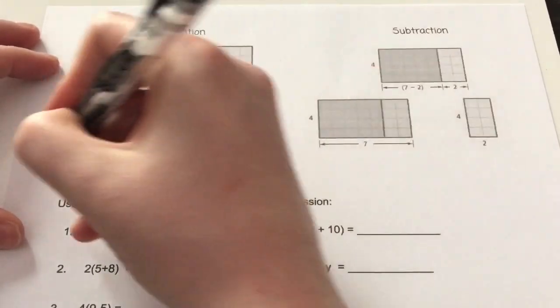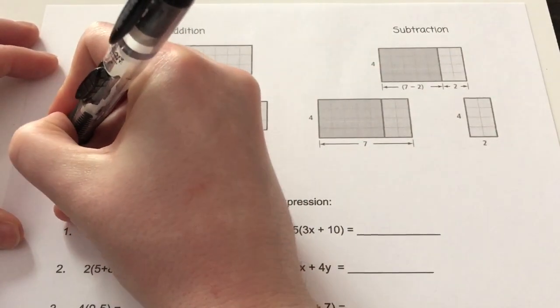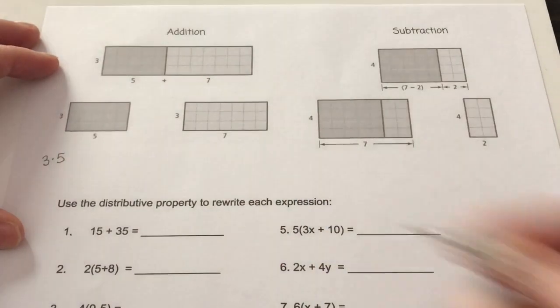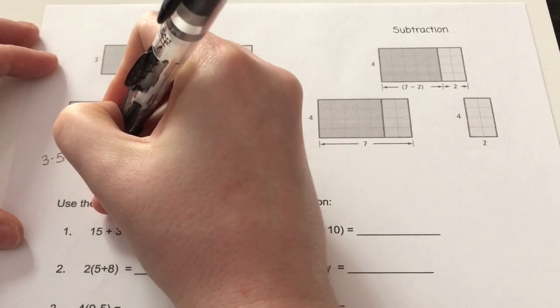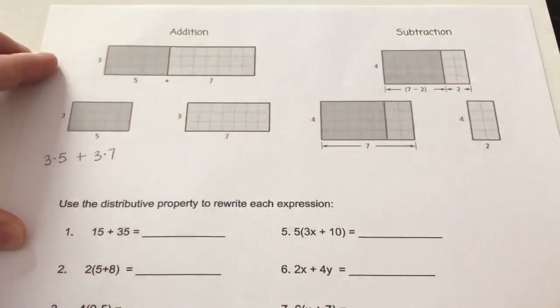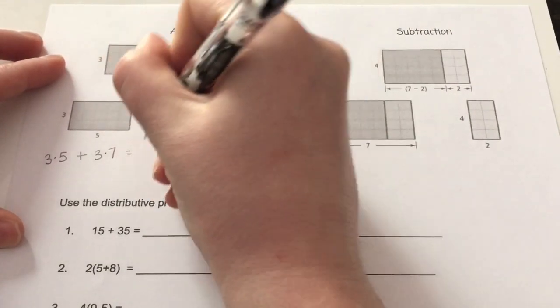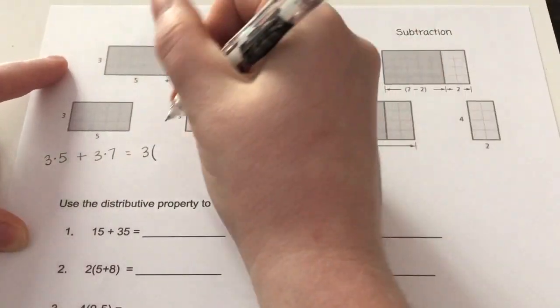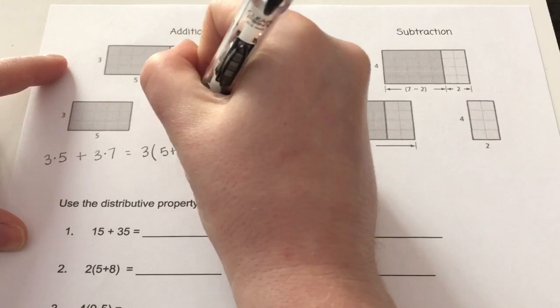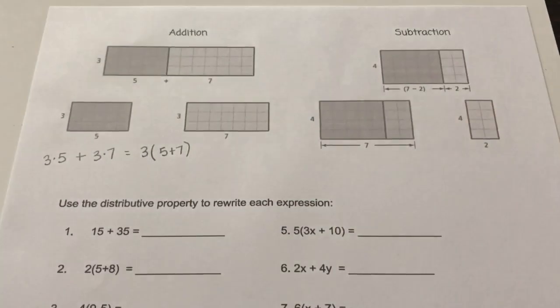I could just find the area of each piece. I could go 3 times 5 plus 3 times 7. That would give me the area of both of those combined. Or I could just go 3 times 5 plus 7 combined.